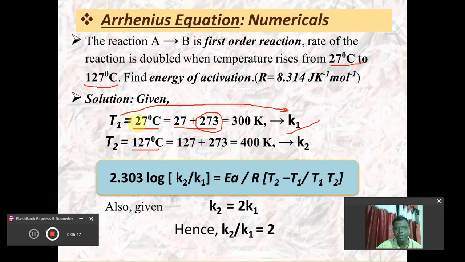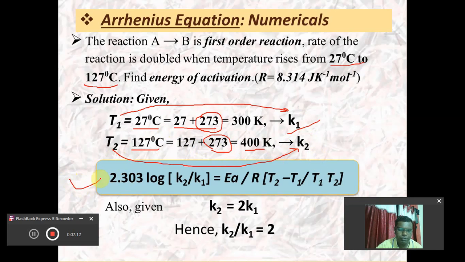degrees Celsius, which is provided here, and it is again in degrees Celsius, so we have to convert it into Kelvin. For that we add again 273, and this value becomes 400 Kelvin, and the corresponding rate constant for temperature T2 is K2. So K1 and K2 are the rate constants of the reaction corresponding to temperatures T1 and T2.